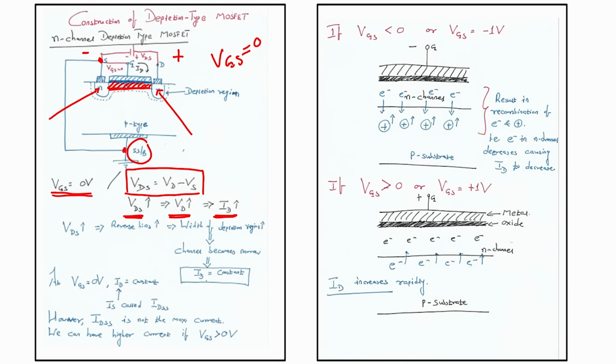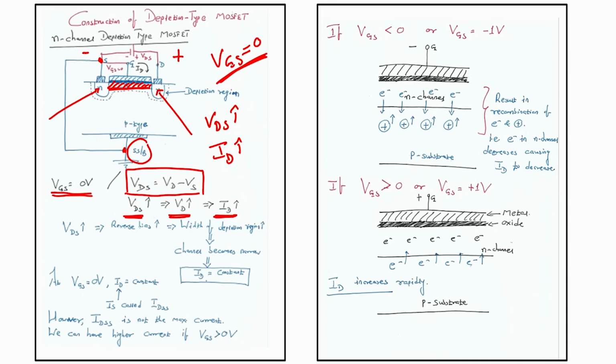With VGS equal to 0, on increasing VDS, we can see an increase in drain current. But in the case of the enhancement type, when VGS equals 0, even on increasing VDS, we were not able to find any drain current because there was no channel between source and drain.